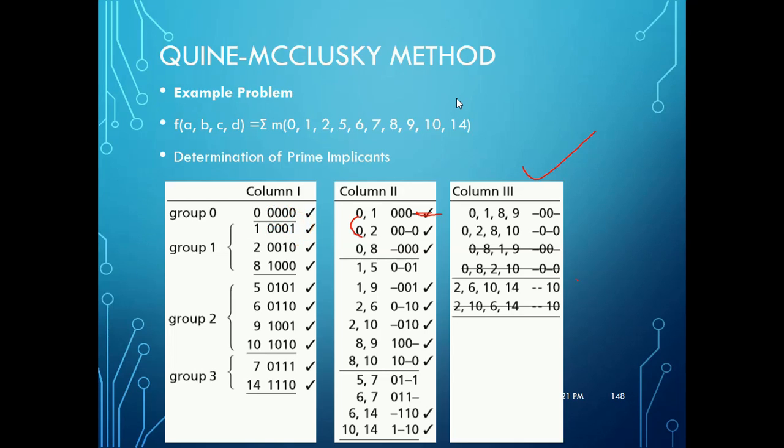Remember that whenever you do the Quine-McCluskey method, finally some elements are not crossed out. Here 1 5, 5 7, 6 7, 0 1 8 9 and 2 6 10 14 are not check marked. So these are the prime implicants we are choosing for the next step.